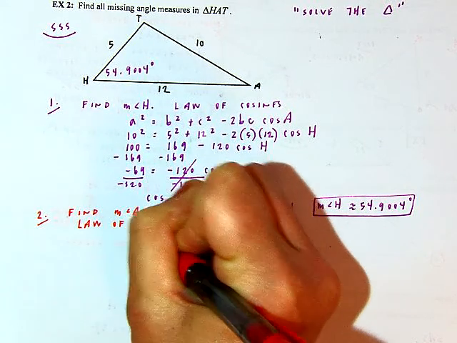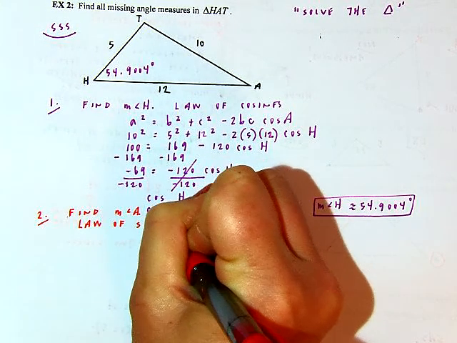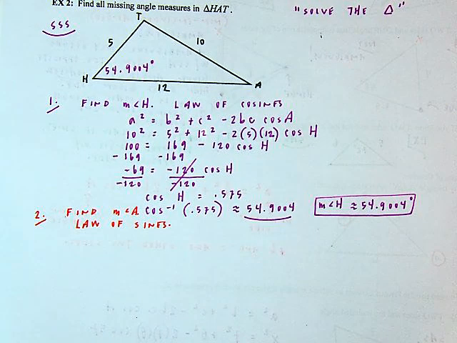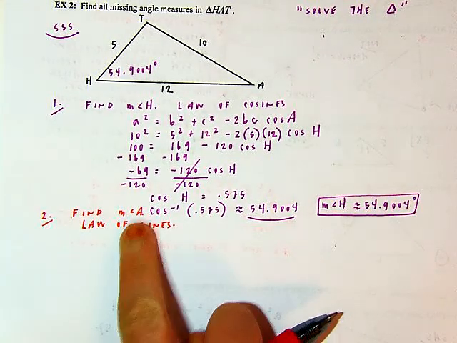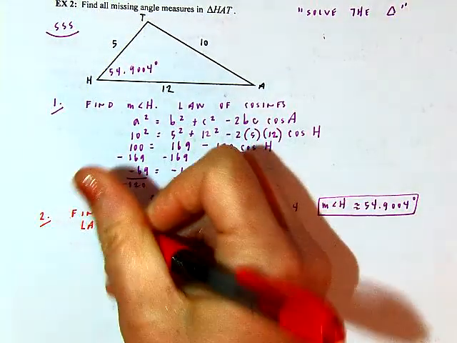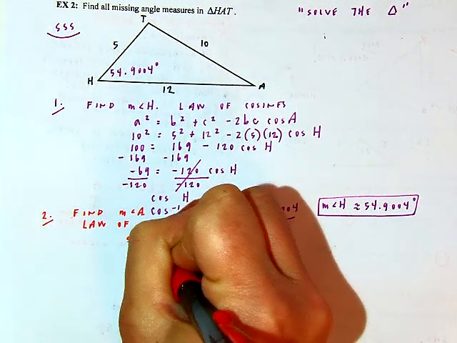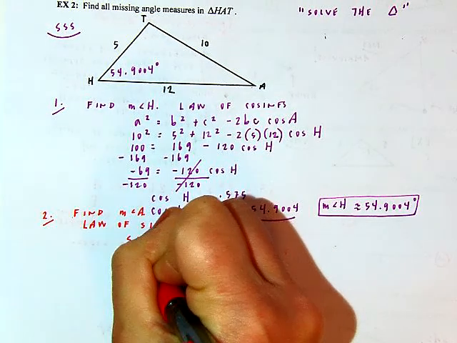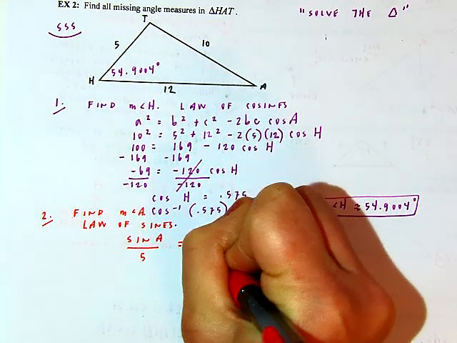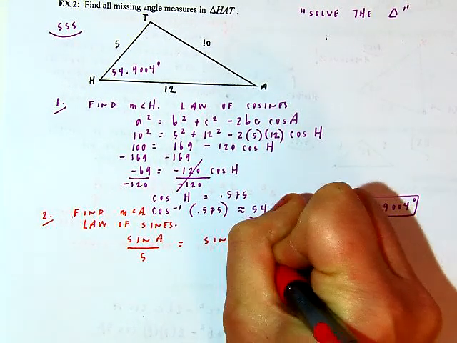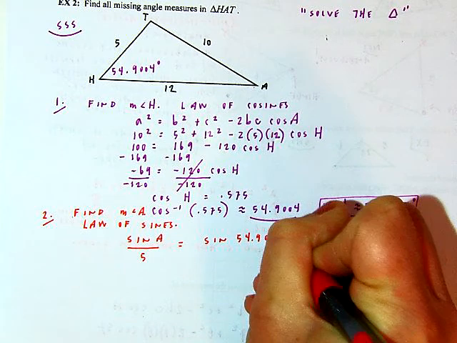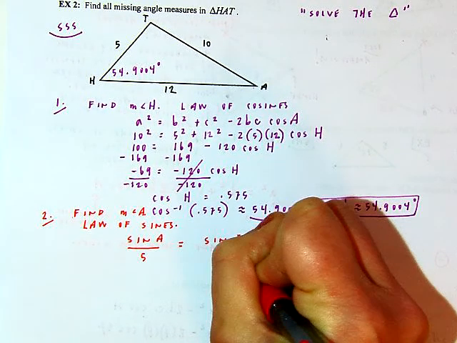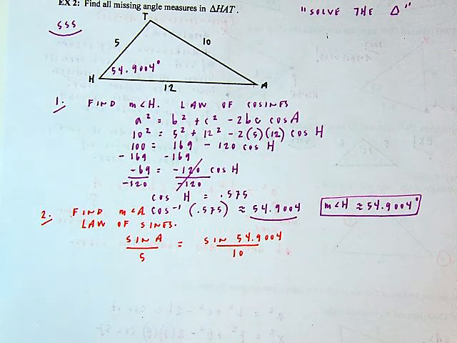It's a little easier formula to use, and we can only use it when we have an angle with a side opposite. Okay, so I want the measure of A. So I can say that sine A is to the side opposite 5, just as sine 54.9004 is to 10. All right, so I've built my proportion using the law of sines.